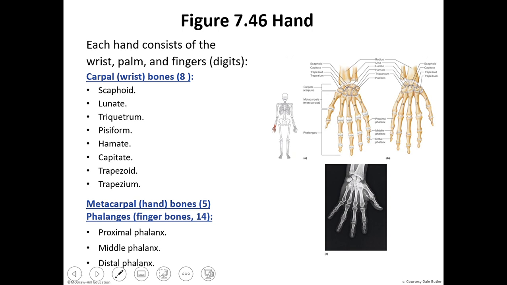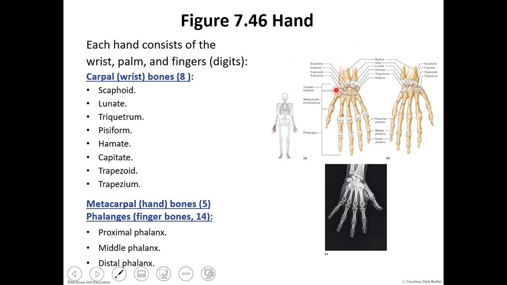Now, you have 8 wrist bones, and they are irregularly shaped bones. They're arranged in 2 rows, and you have to be able to identify them. So, they're sitting right here. I think it's easier to find the distal row first, and then the others are on the proximal row. Keep them organized based on radius and ulna.